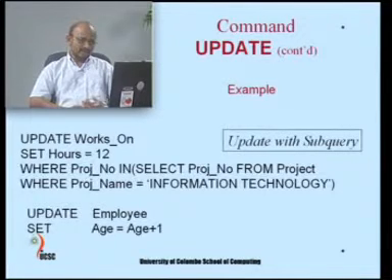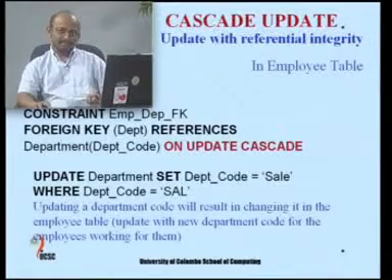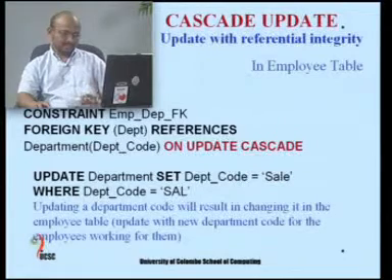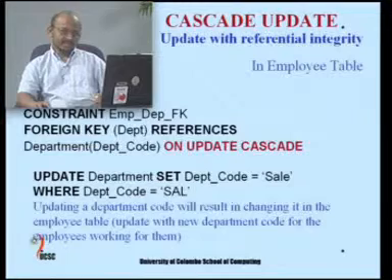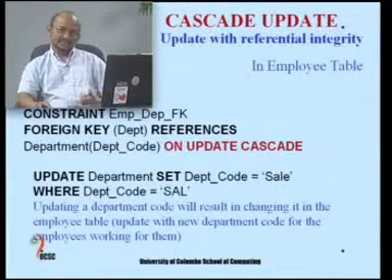So, if there are a lot of entries in works on for the same project, then all of them will have this same hours worked. At the same time, it will also do the same change in the employee table, so that at the end both will have SALE instead of SAL.